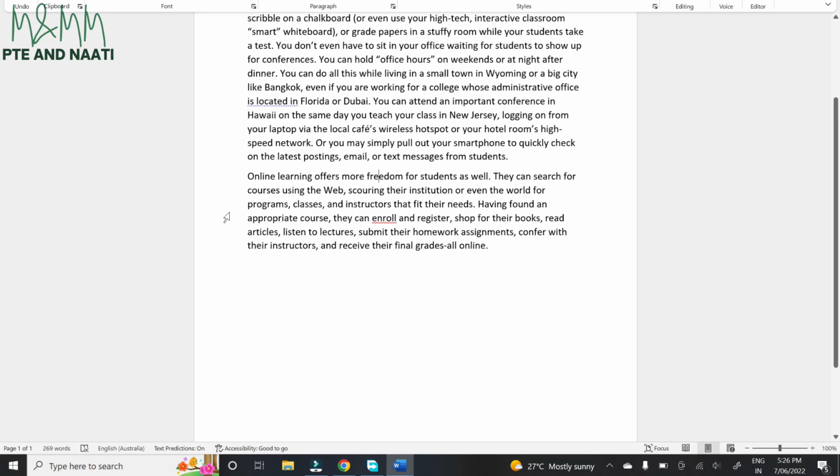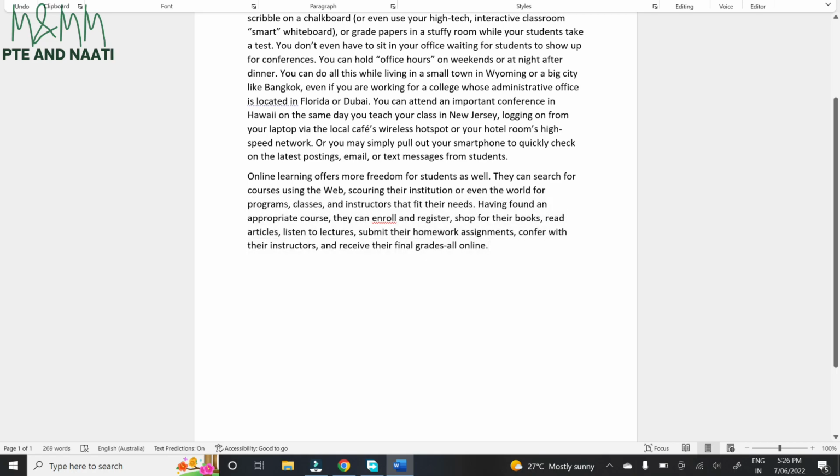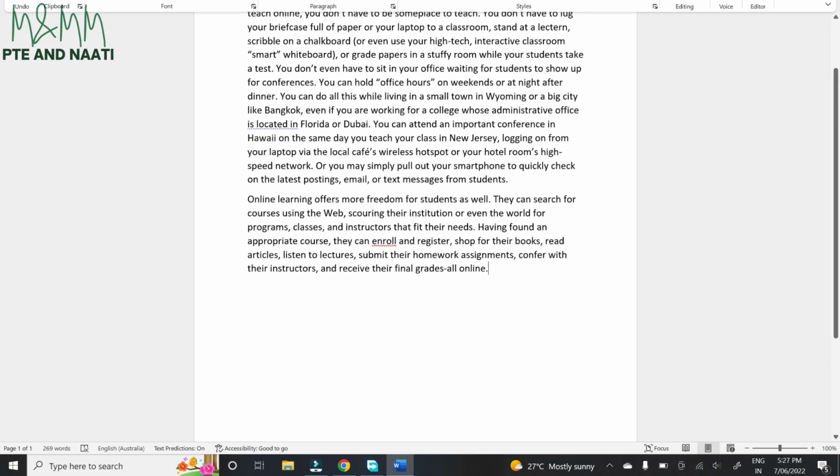And here they're saying they can search for courses. Who can search for courses? Students. So basically they have explained how students can use online learning as opposed to more freedom. Having found an appropriate course, they, who's they again? Students, they can enroll and register, shop for their books and all that stuff.